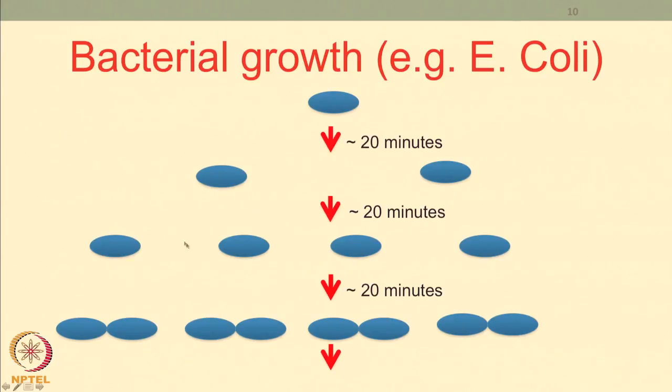So, this is a simple phenomenon that we know, and now the question is, how do we describe this phenomenon mathematically? What is the method to describe this mathematically? Let us see what we are observing.